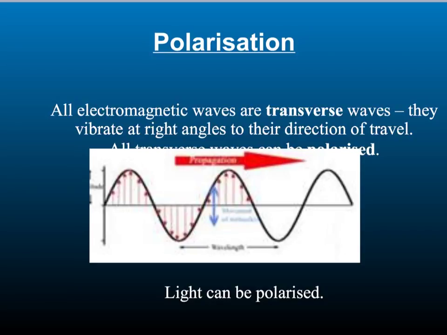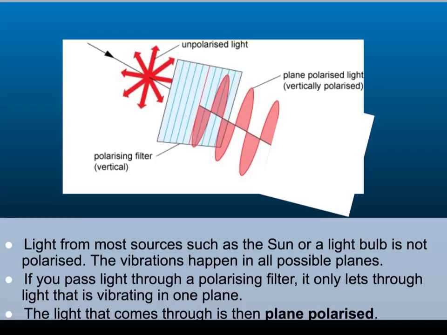The vibrations take place in all possible planes. A polarizing filter only lets vibrations pass in one possible plane. So in the diagram, we've got unpolarized light, with vibrations in all possible directions.